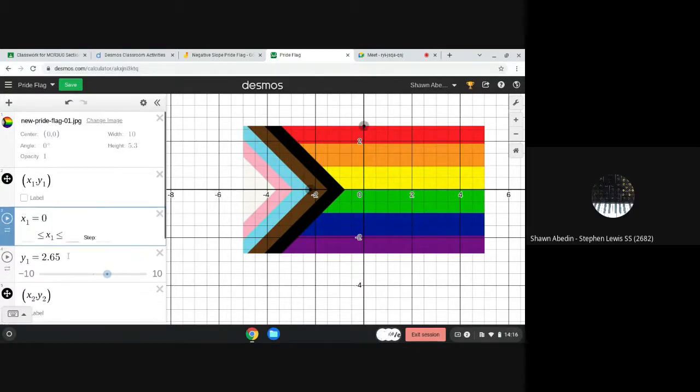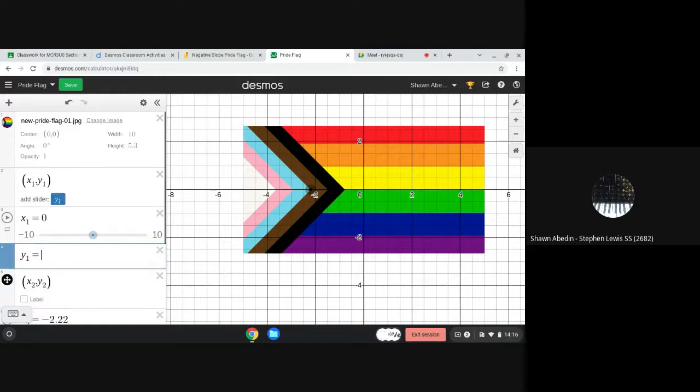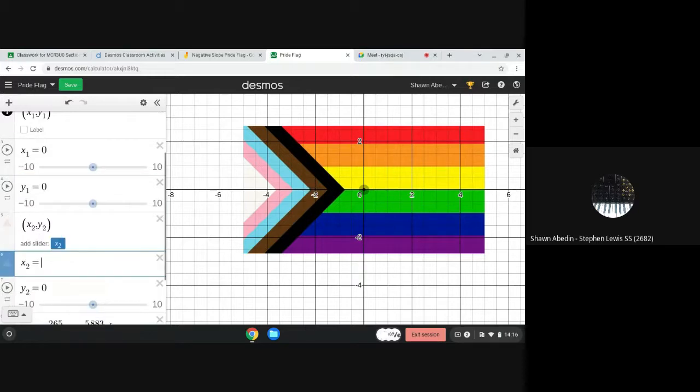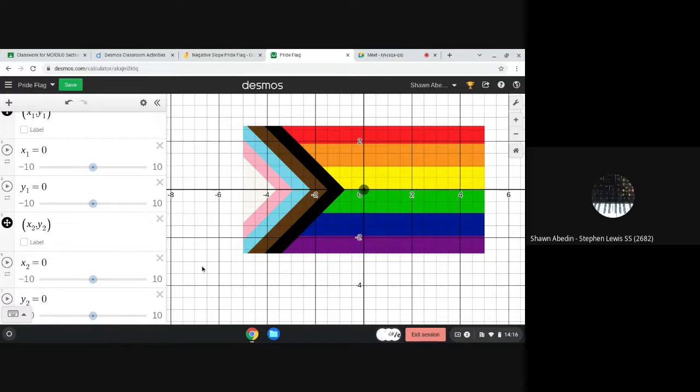These sliders are going to allow you to approximate points on the coordinate plane.